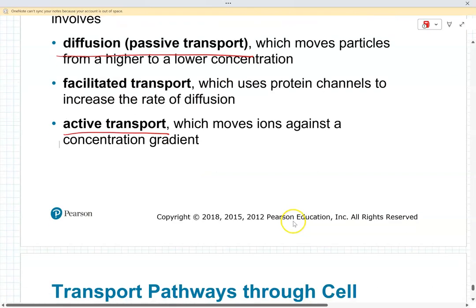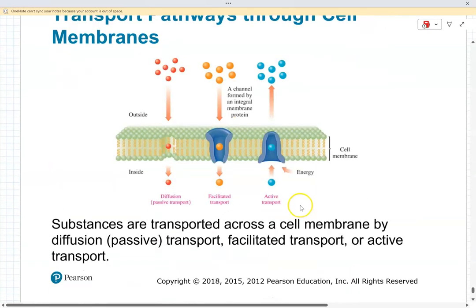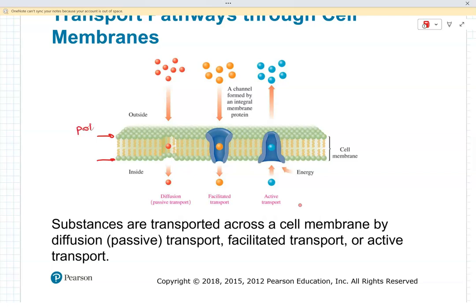So let's take a look at these processes. So imagine, first of all, look at the membrane. These green balls, are they polar or non-polar? Tell me, please. Polar. But the tails are non-polar. Good?